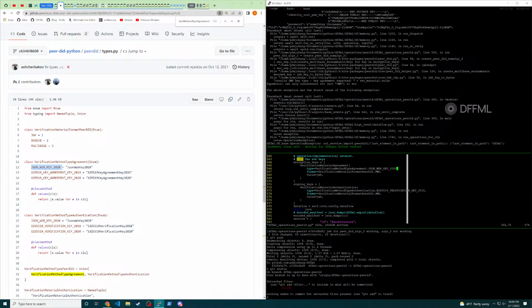Cannot concatenate. Verification type agreement. Verification method type.